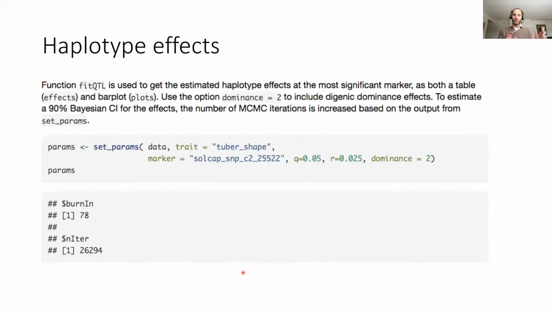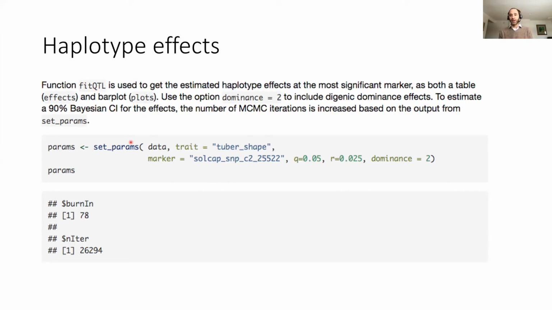Now let's transition from the QTL discovery to actually fitting a QTL model at the peak to try and understand the haplotype effects. And we want to now run the setParams function another time. The reason being that the first time we ran setParams, we didn't give it a particular marker.